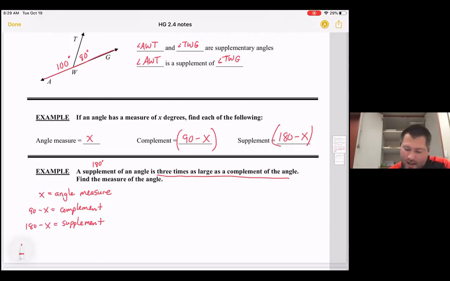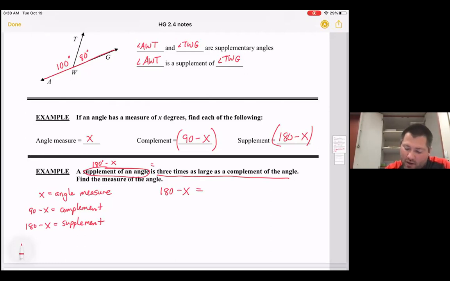So they're telling us that the supplement of an angle, so 180 minus X, is, means equals, 3 times as large as the complement.